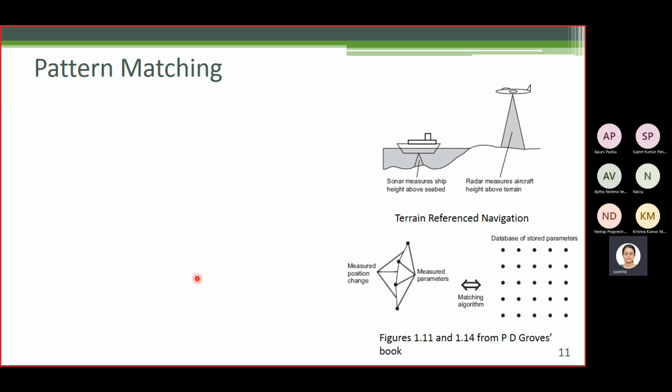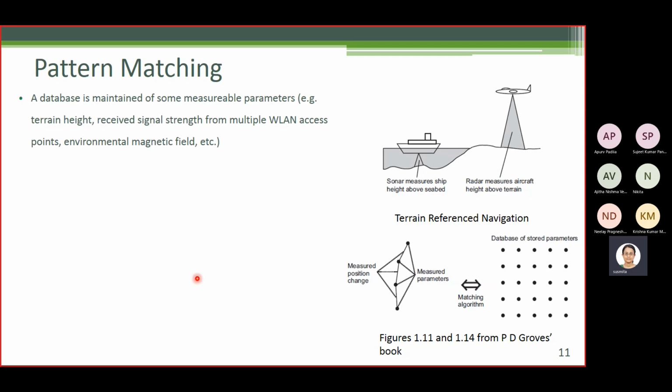So we have discussed ranging, we have discussed angular positioning. Now let's discuss the fourth one, pattern matching. From the name we can guess that here we need to match some pattern. Let's see how we match the pattern, or what pattern we match. In pattern matching, a database is maintained which holds some measurable parameters.